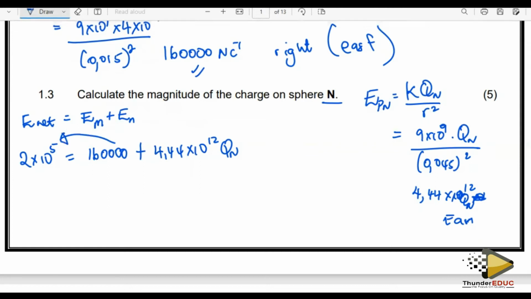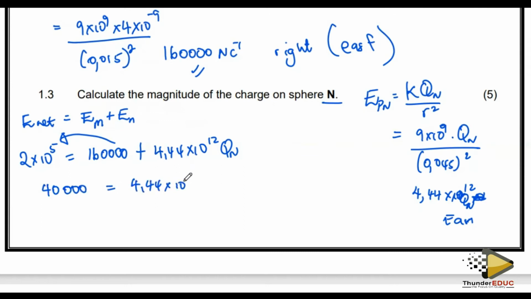So 2 times 10 to the 5, then I will subtract my 160,000, and I'm getting 40,000. That is equal to 4.44 times 10 to the positive 12 QN. Divide by 4.44 times 10 to the 12 on both sides. This cancels that.